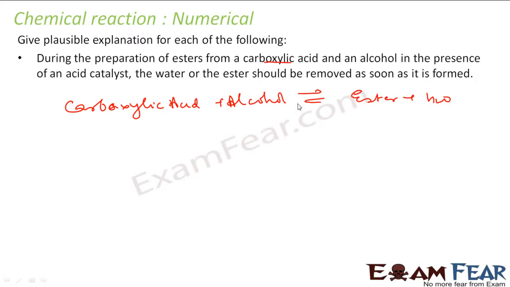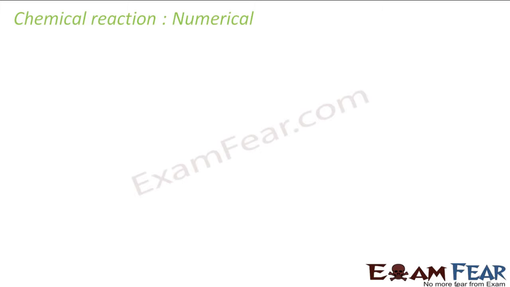And this is an equilibrium reaction. So if you don't do anything, it will stay in the constant state. To move the reaction in the forward direction, either you remove water or you remove ester. So if you remove any of these, the reaction will move in the forward direction.